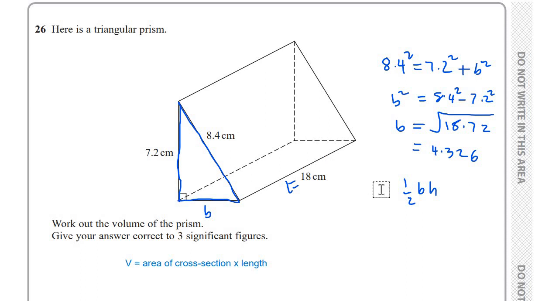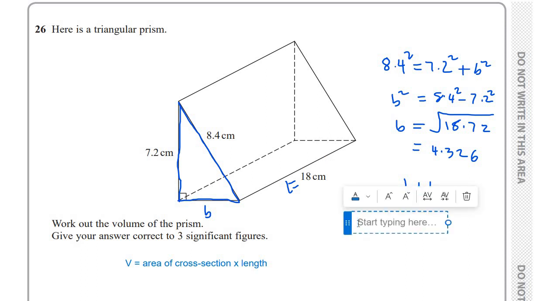And now the area of the cross section is half times the base 4.326 times the height of the triangle, which is 7.2. And with that, we have our calculator. We get 15.5736.